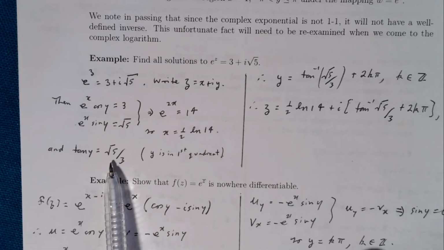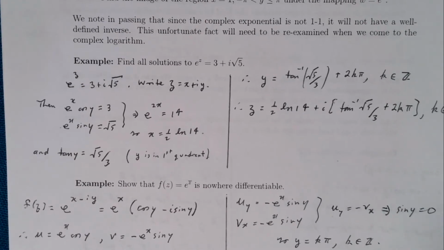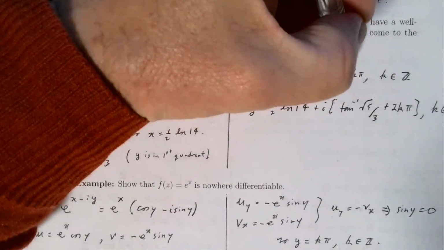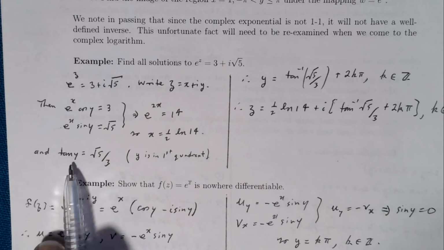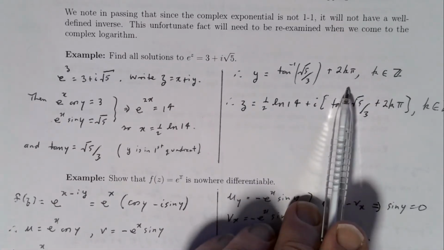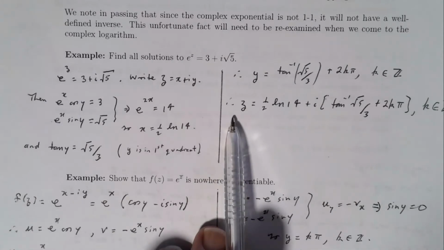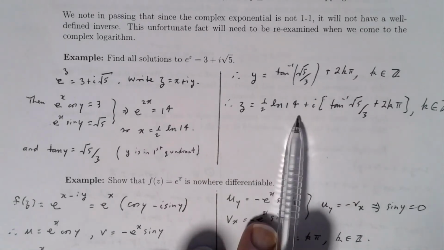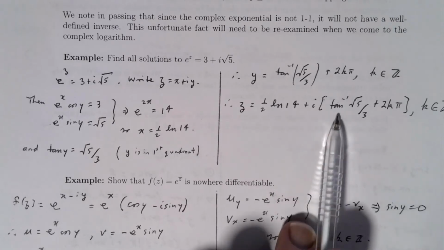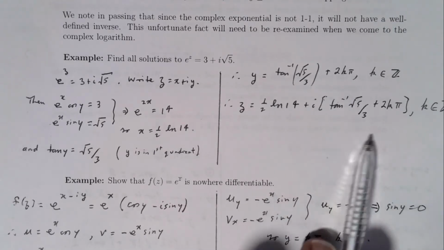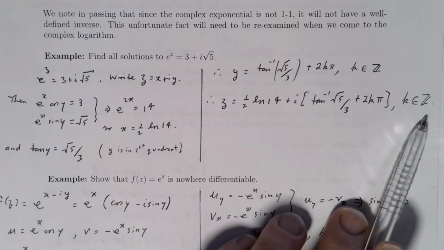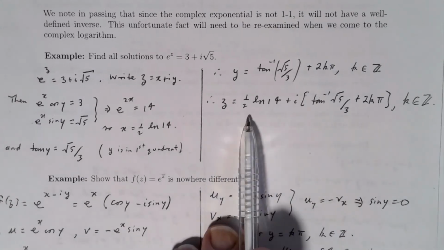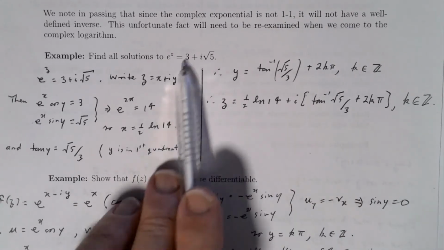But because the tan is periodic, I'm going to get plus 2k pi here, so when you spin around the inverse tan, you're going to add on 2k pi, and so z then is simply going to be a half log 14 plus i times the inverse tan of root 5 on 3 plus 2k pi, where k is an integer. And that complicated looking number is essentially going to be the logarithm of this complex number.